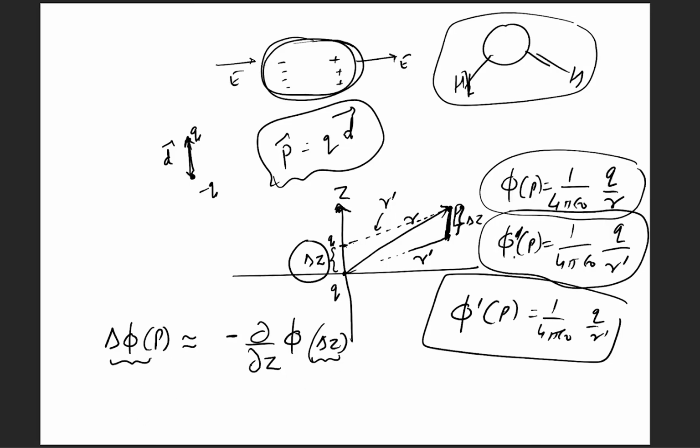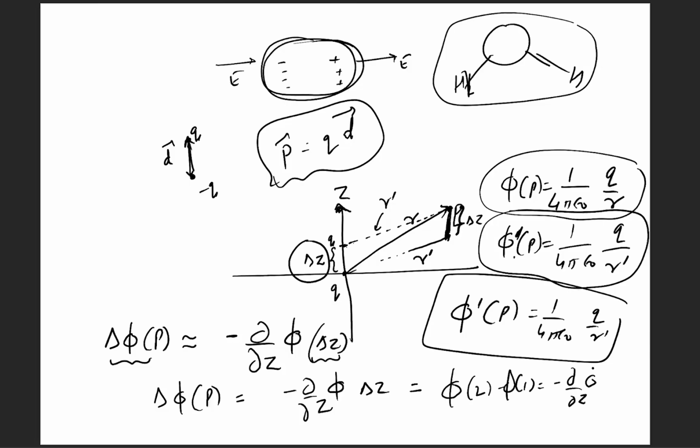So you see the change in potential is simply minus dou by dou z of phi into delta z, or we can write phi 2 minus phi 1 is equal to minus dou phi by dou z delta z.